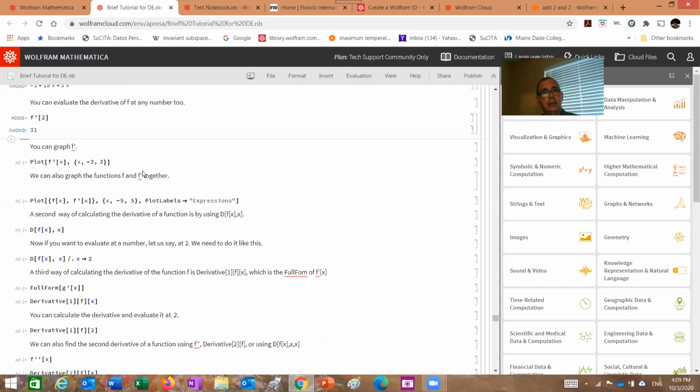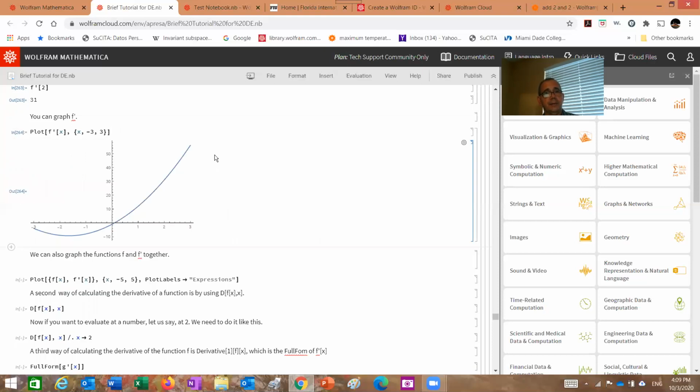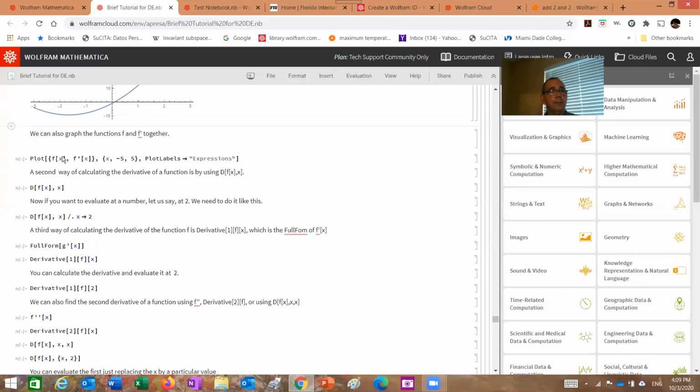And then you can graph the derivative. The only thing you need to do is plot the derivative from -3 to 3, and you get the graph of that derivative. You can graph both functions together: the original function f of x, and f prime.